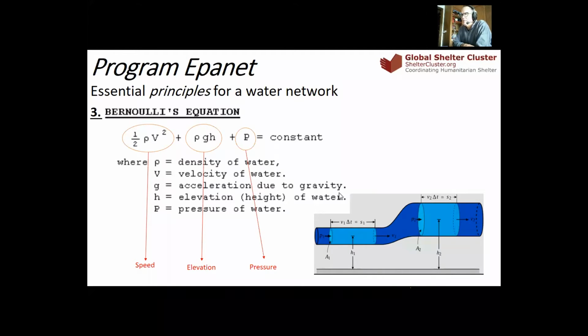We have the elevation, it means the meters above ground, let's say an elevated tank. We have the pressure, the meters of column of water above the, let's say, the outlet, and then you have the speed of the water in the pipe. All three together give the energy of the system, which should be constant over the network, plus the friction losses. This is very important to keep in mind.